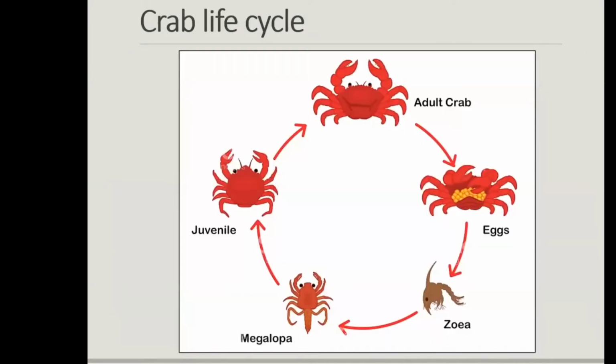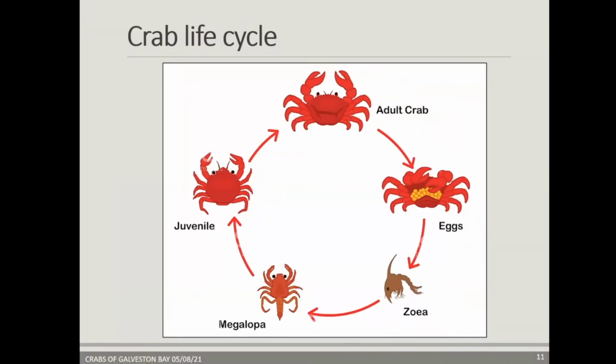This is the basic life cycle of true crabs. We start with the adult, and adult females in all species generally mate just once, and then they store the sperm for several spawnings. Depending on the crab, sometimes they spawn over several years, sometimes they only spawn over one season.